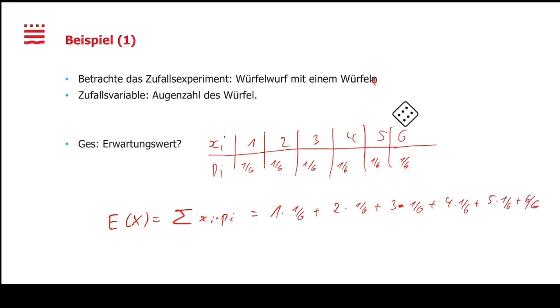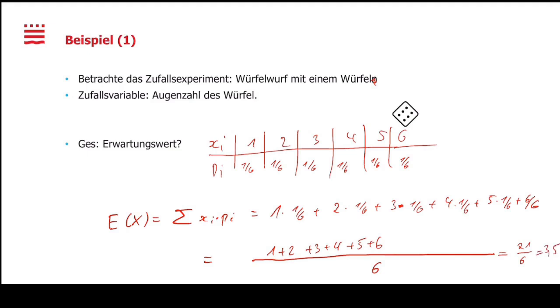Right here again, 6 divided by 6, and that is the numbers 1, 2, 3, 4, 5, 6 divided by 6, and that is 3, 6, 10, 15, 21 divided by 6, and that is 3.5.